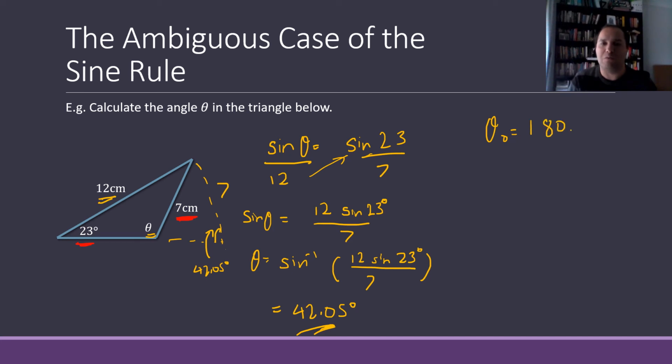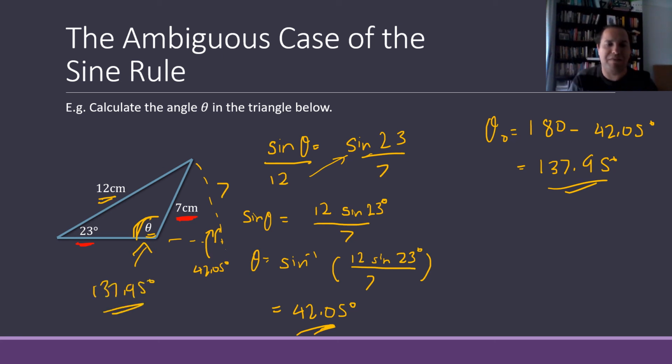Our obtuse angle will be 180 minus 42.05 degrees, which gives us 137.95 degrees. So this angle in here is going to be 137.95 degrees.